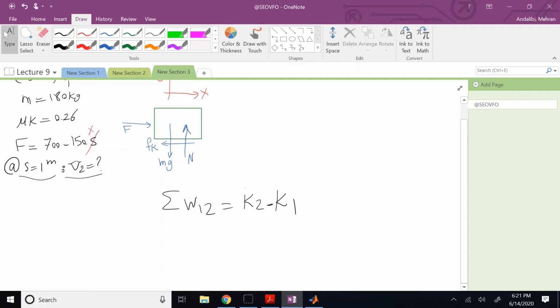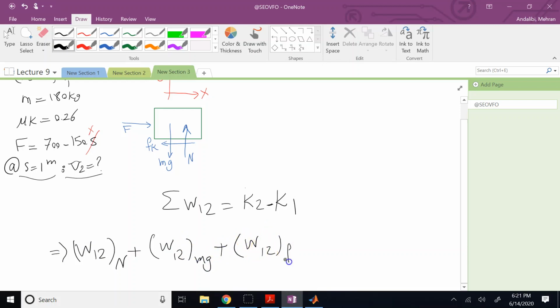So sum of the work means work done by all of different forces. And what forces do I have here? Yes, so this is going to be work done by force N plus work done by gravity plus work done by friction plus work done by the hydraulic force.